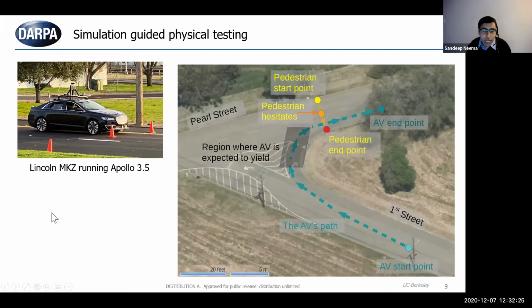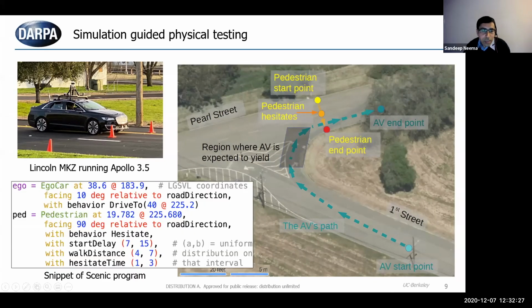Sanjit does this by constructing, what he has built is a probabilistic programming language that allows him to specify the simulation scenario not just as a point scenario, but rather as a distribution over the entire space of physical parameters of this object. So here, he's able to parameterize the starting position and the pedestrian's behavior with respect to when he starts, how long he hesitates, and so on and so forth.